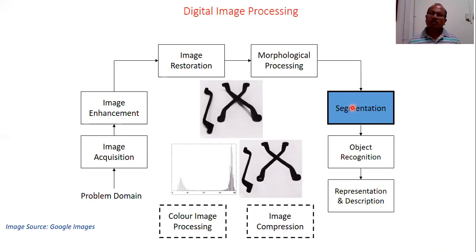For example, if we are interested in studying an agricultural image to assess the damage of crops, if there is any crop damage, we want to assess it. So we will capture remotely sensed images from certain areas, certain regions, and then we will again focus on a specific crop plantation where we are interested in assessing the damage.